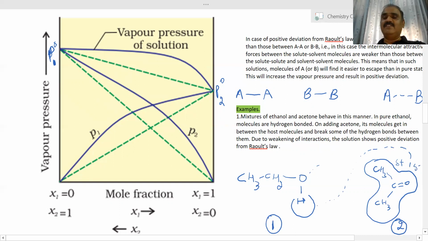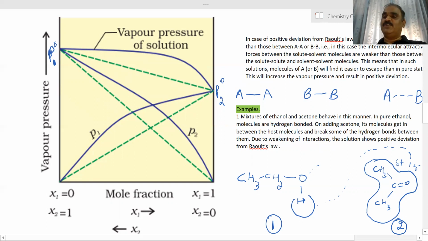That is why acetone and alcohol molecules are not held by H bondings.